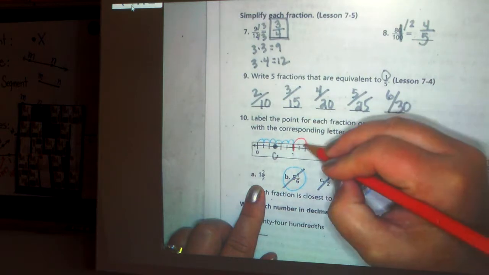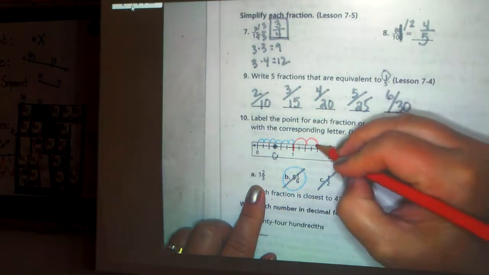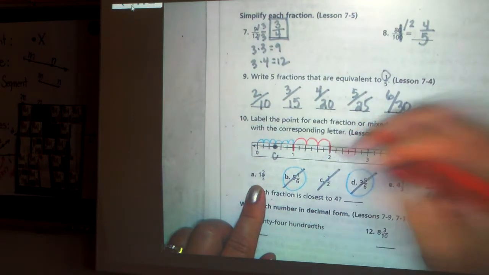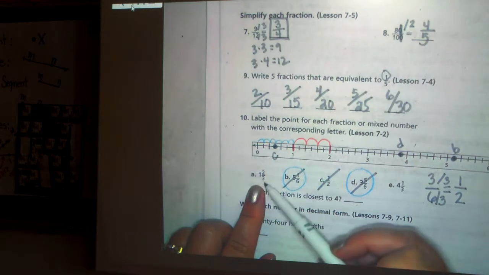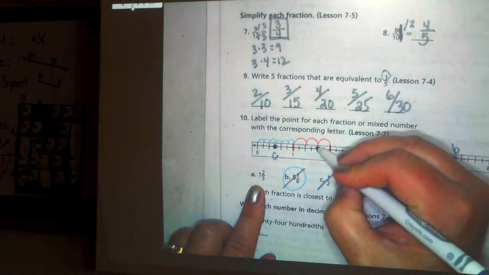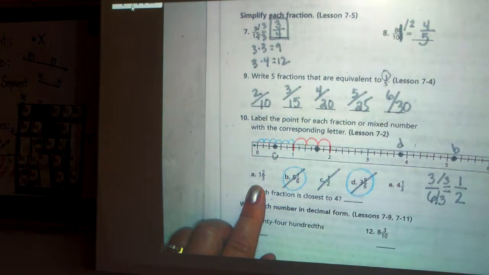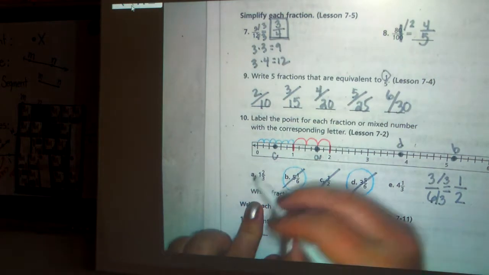So there are 2, that's my first piece. 4, that's my second piece. 6, that's my third piece. So if I wanted to label 1 and 2/3, I would go to my second piece that's a third in size, and I would put my A.